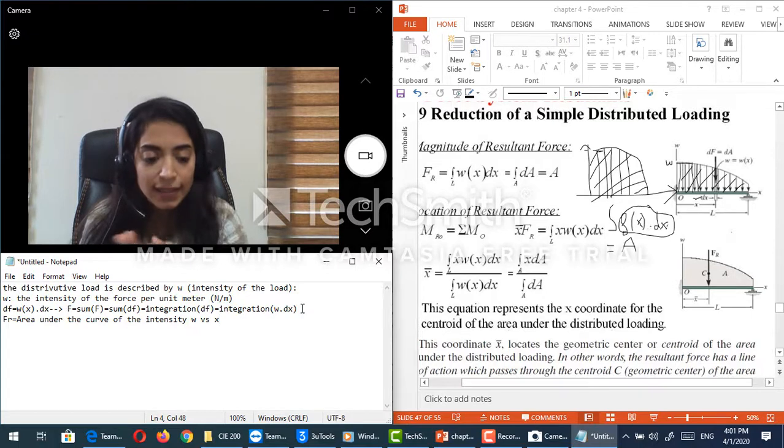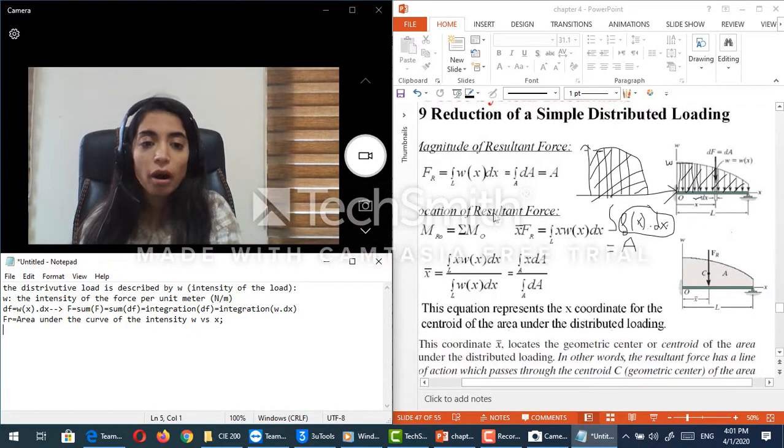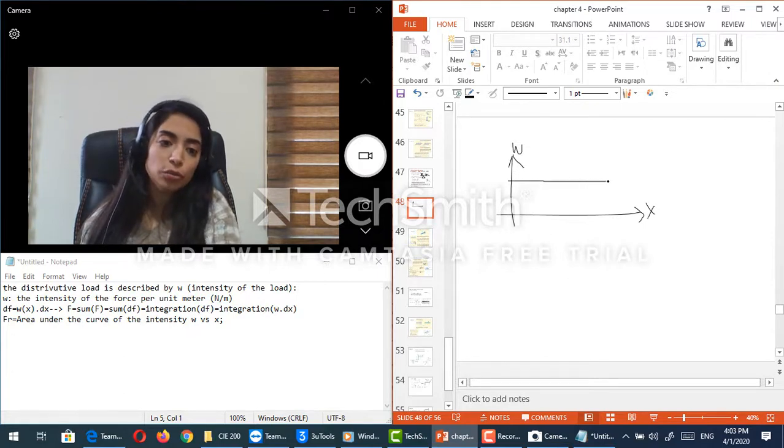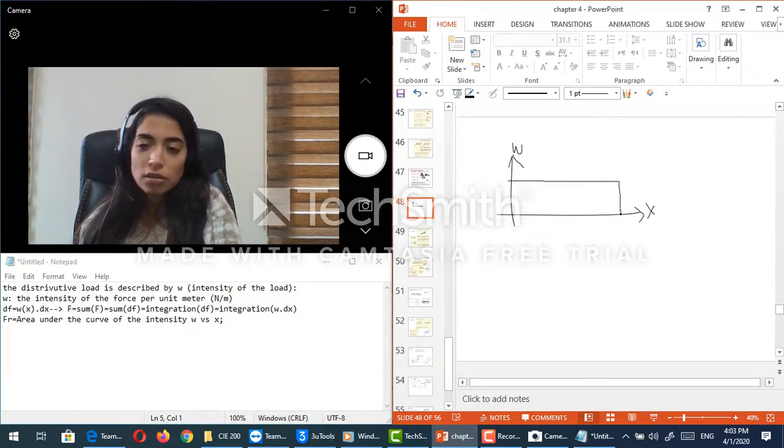Now let's take some particular case before going to the second part where I should find the location of this F resultant. So guys, let's take this first particular case where omega is uniformly distributed over X. So what does this mean?